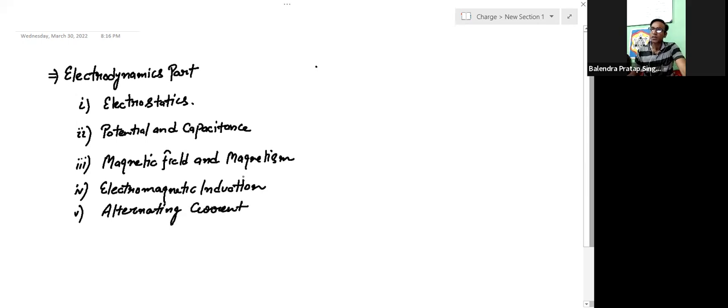So this belongs to electrodynamics, in which we will start our study from charge to current. This will cover more than 60% of your syllabus, and I think it will take 35 to 40 lectures to cover this part.